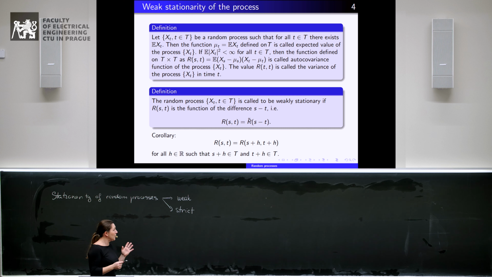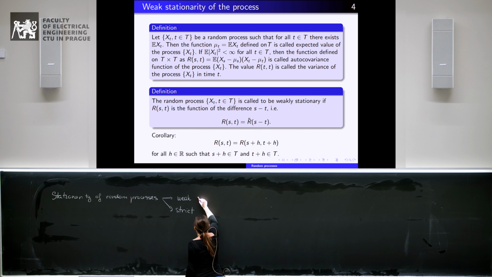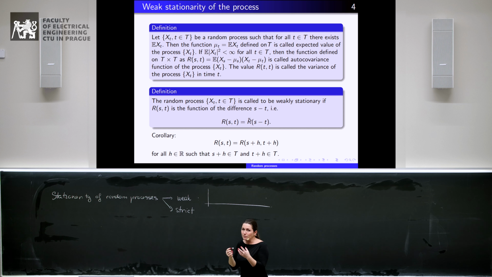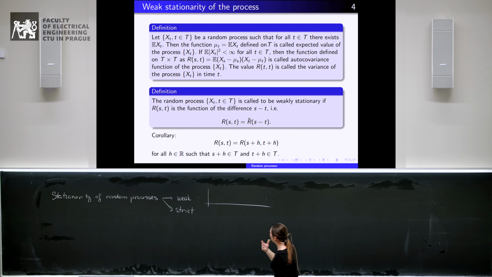What does it mean? It means that the correlation, so it means the rate of dependence between 2 values in 2 times between which the distance is the same, is constant.